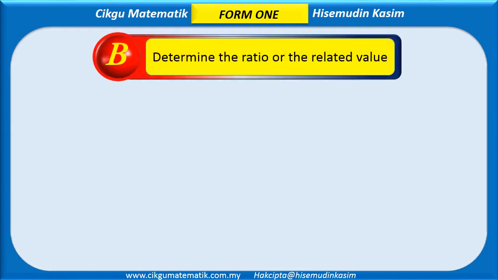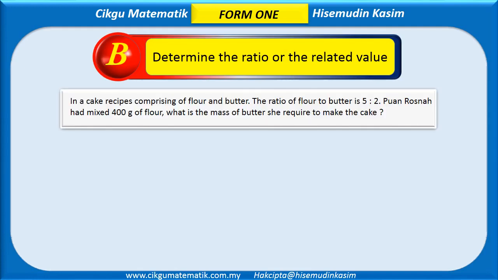B. Determine the ratio of the related value. In a cake recipe comprising flour and butter, the ratio of flour to butter is 5 to 2. Puan Rosna had mixed 400 g of flour.